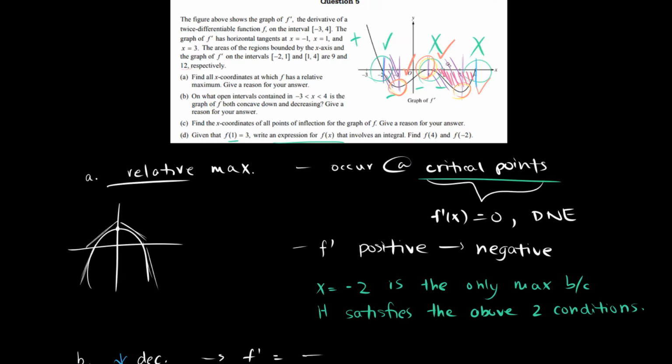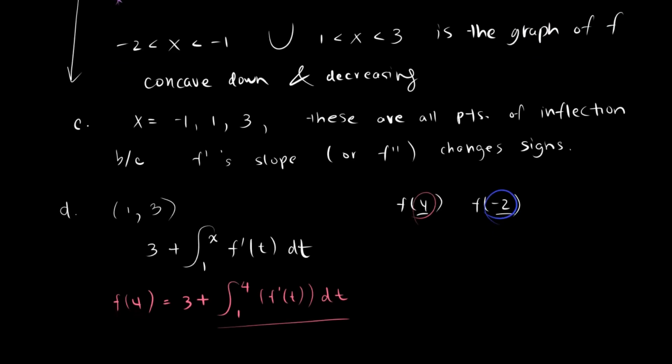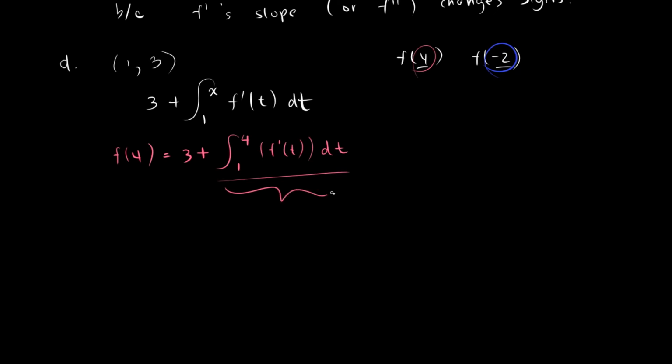But because the area is 12, that doesn't mean the value of the integral is 12. The value of the integral would be the negative area, because this is under the x-axis. So the value of the integral would actually be -12. So the value of f of 4 is just 3 minus 12 equals -9.